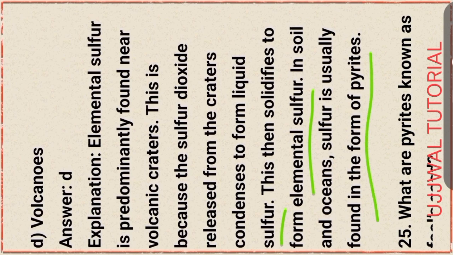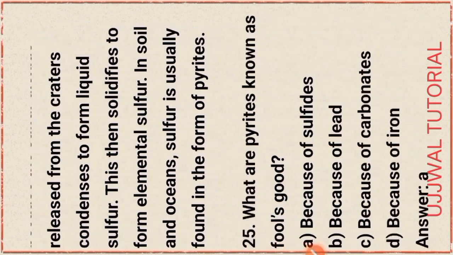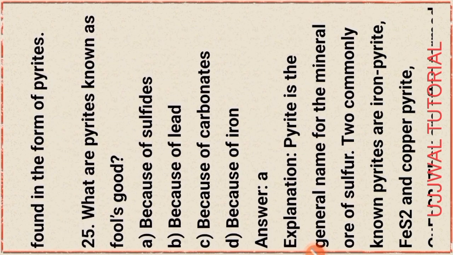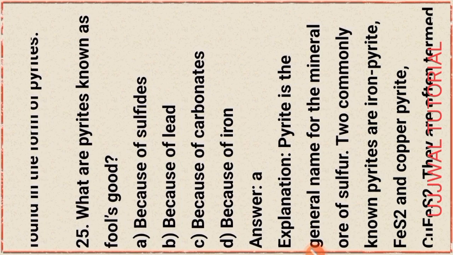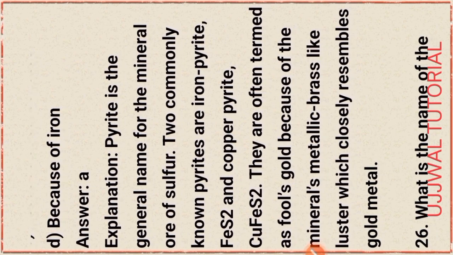Next question, question number 25. What are pyrites known as? False gold. Option A, because of sulfides. Let me explain this part: pyrites is the general name for the mineral ores of sulfur.